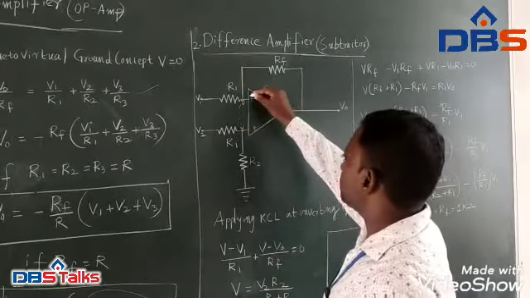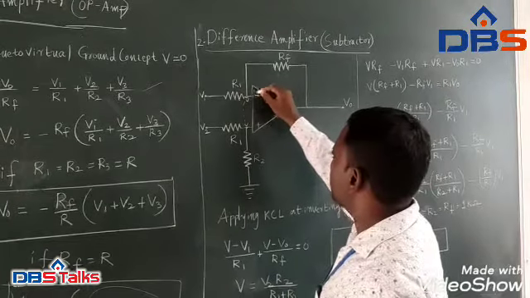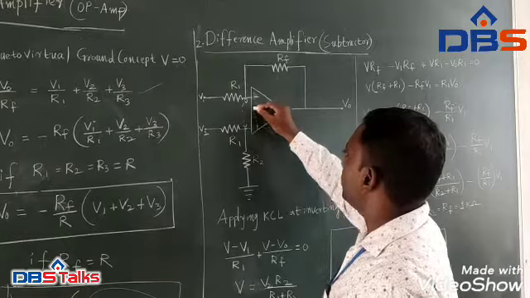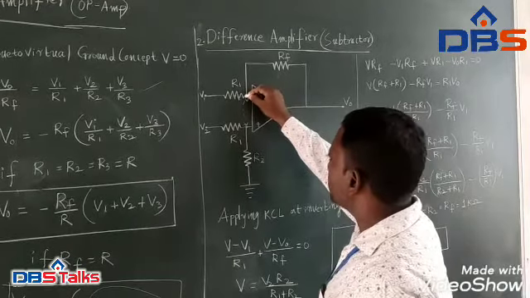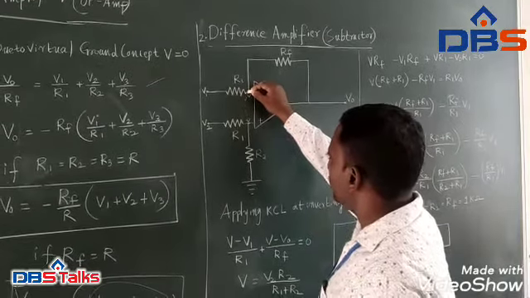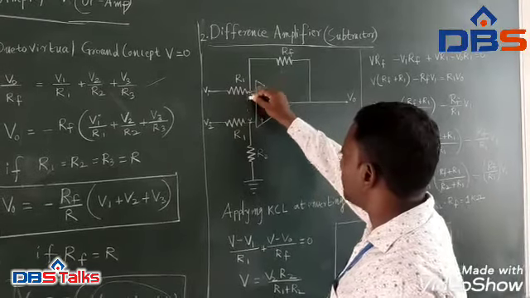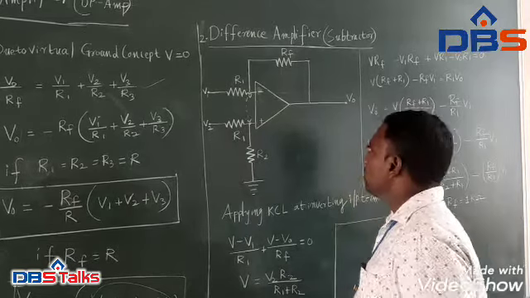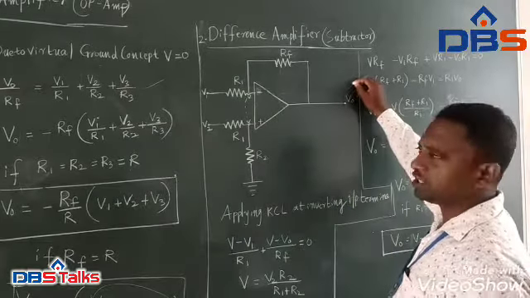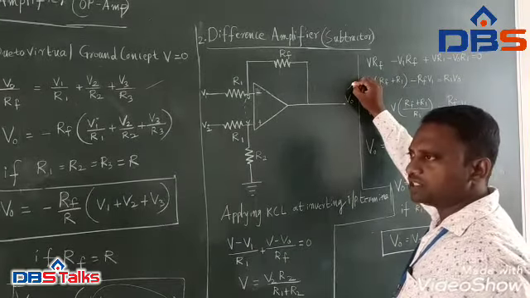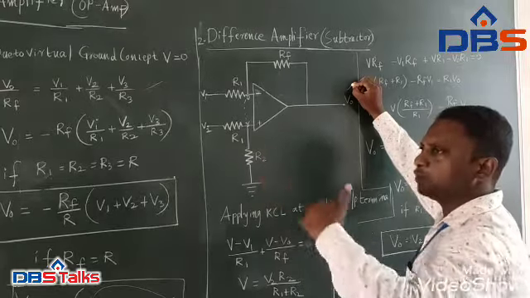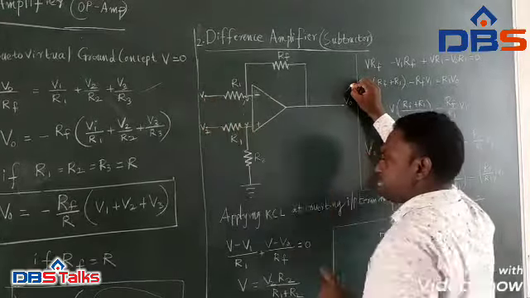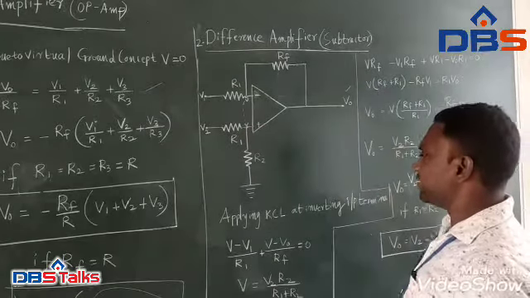Here also, this is an inverting terminal and this is a non-inverting terminal, and V is the terminal voltage at the non-inverting terminal, and here also this voltage is present. Now we want to find the output voltage, and we have to show that the output voltage is the difference of the two input voltages, V1 and V2. And here also we follow the same procedure.